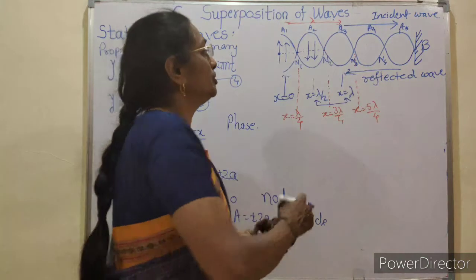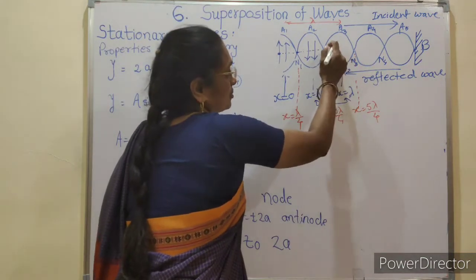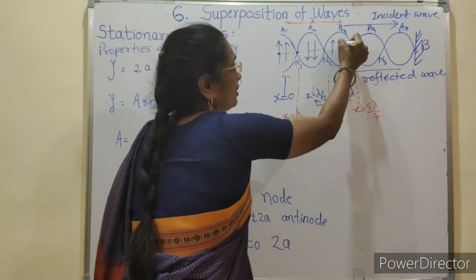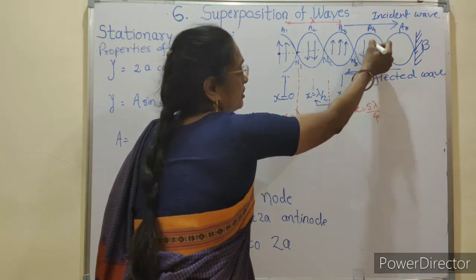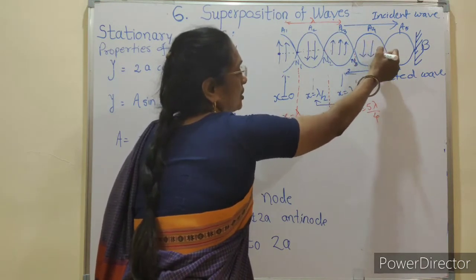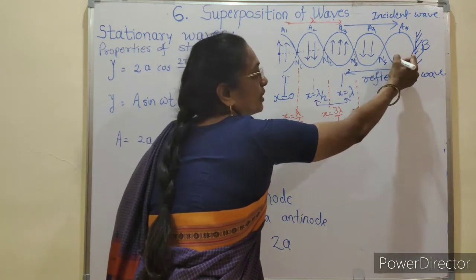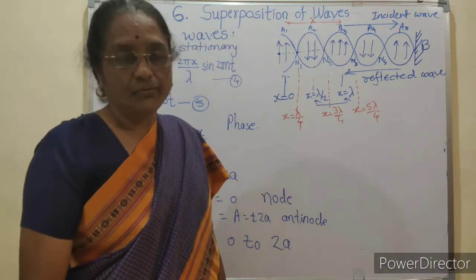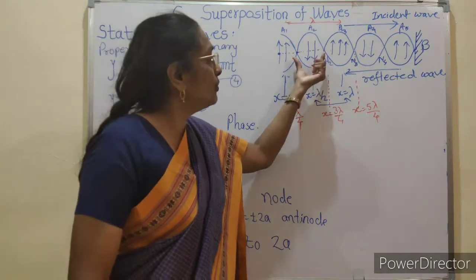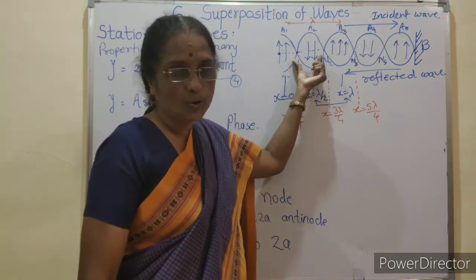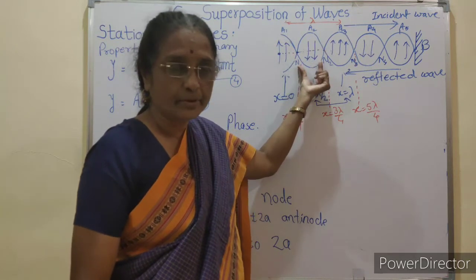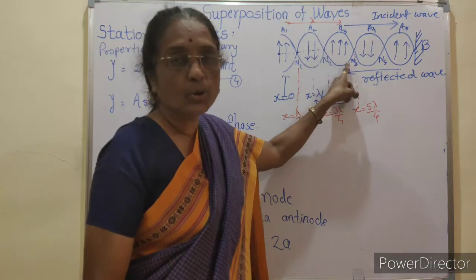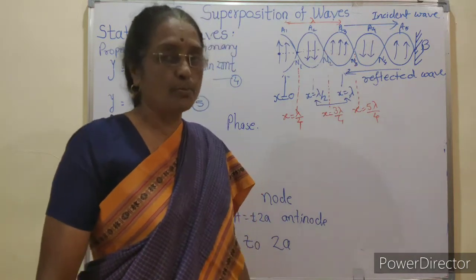So we can show in this third portion, particles are going up toward the upper extremity. In the fourth portion, they go toward the lower extremity, like this. So the phase of all particles in one particular loop is the same, but the phase in two adjacent loops is opposite.